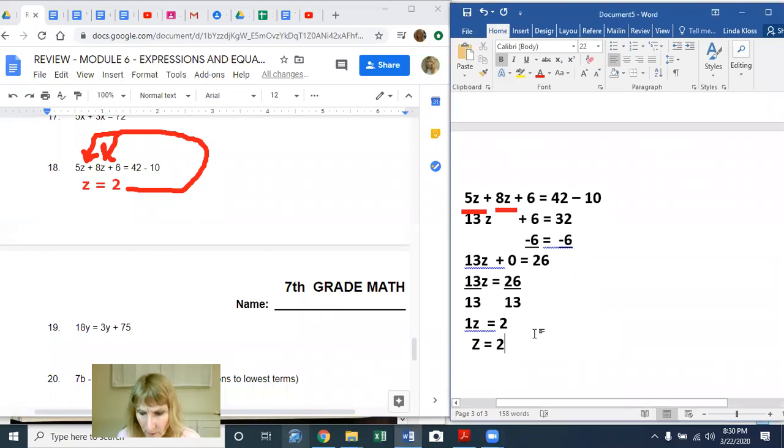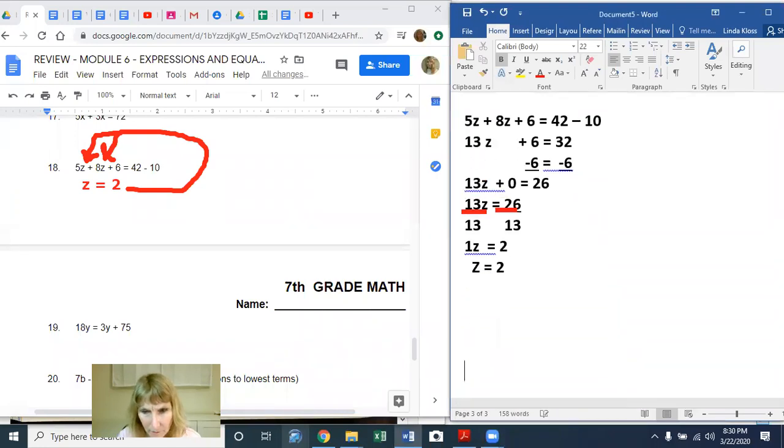So let's check that. 5 times 2 plus 8 times 2 plus 6 should equal 42 minus 10. So always do multiplication and division before adding and subtracting.